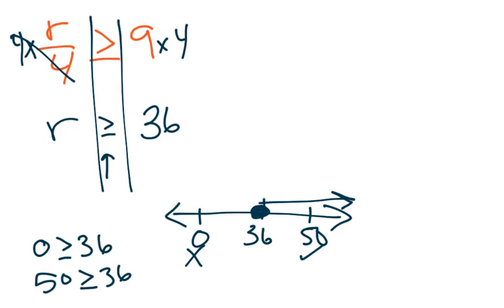That's your most common type of question, but you might also see a reverse one where I give you a graph and I say, hey, based on this graph, what is the inequality that this graph is representing? Here's how you do that one.